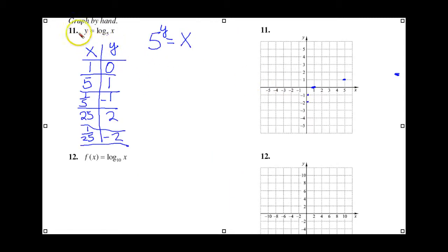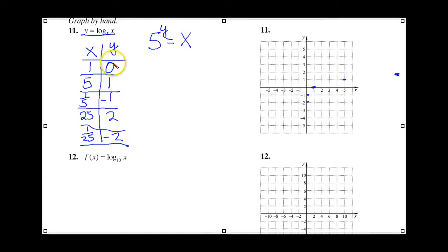Okay, they ask us to graph this by hand, and there is our inverse. So what this represents is our base 5 to the exponent y, and that's going to equal x. So as we set up our t-chart, what we're going to do is put in values for y, remembering this is inverse. So again, 0, 1, -1, 2, -2.